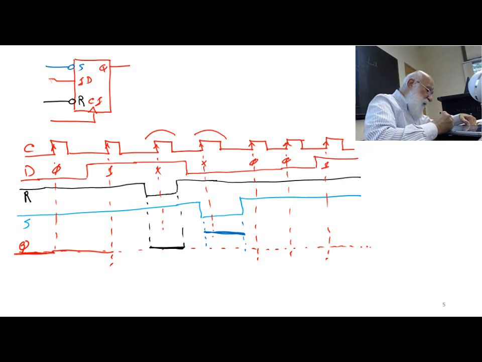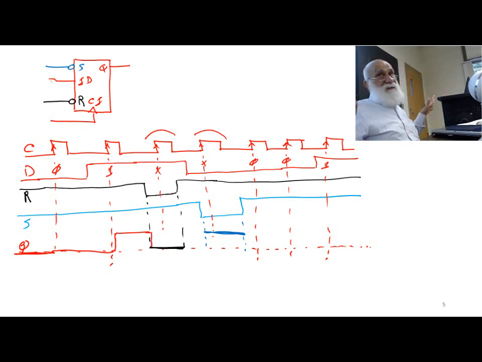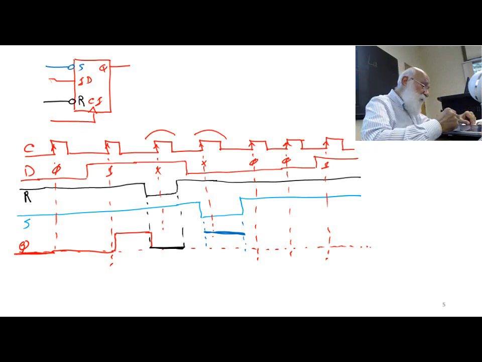Q stays 0. Here it becomes 1. Stays 1 only until my reset becomes active, and then no questions asked, no clock looked for. My output becomes 0.